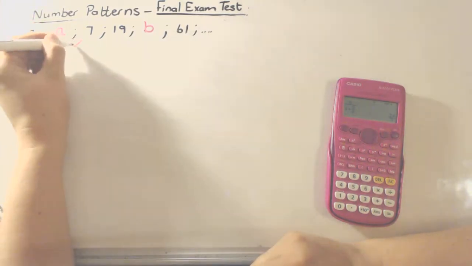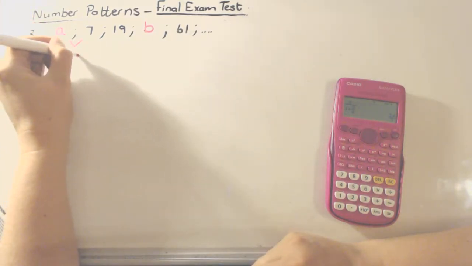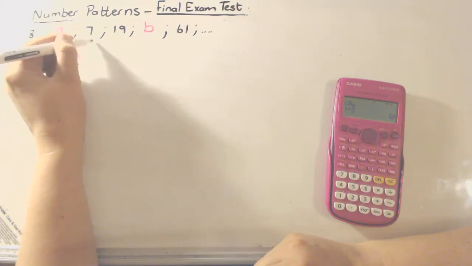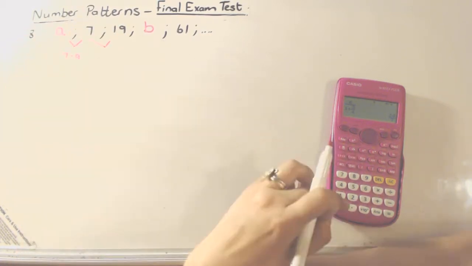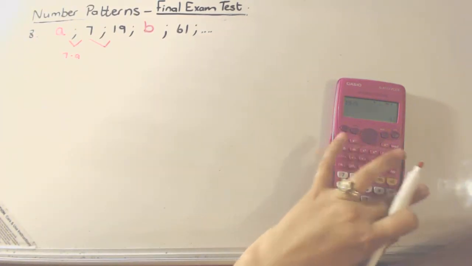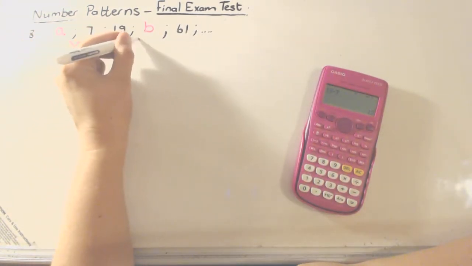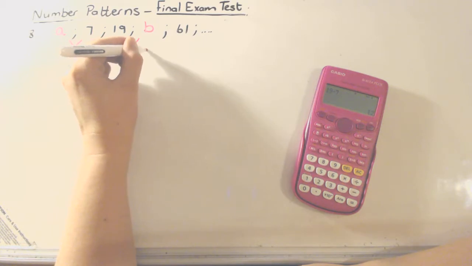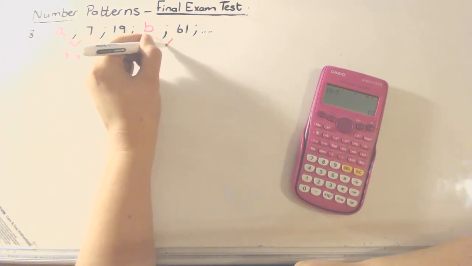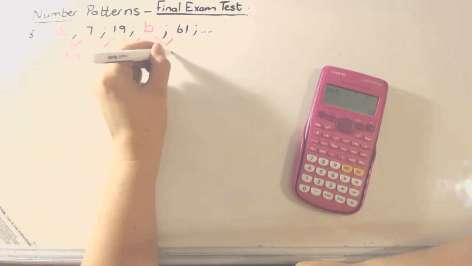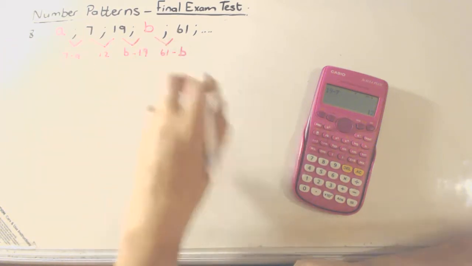So I can say that 7 minus a is the first difference. 19 minus 7 is 12. b minus 19 is this, and 61 minus b is that.